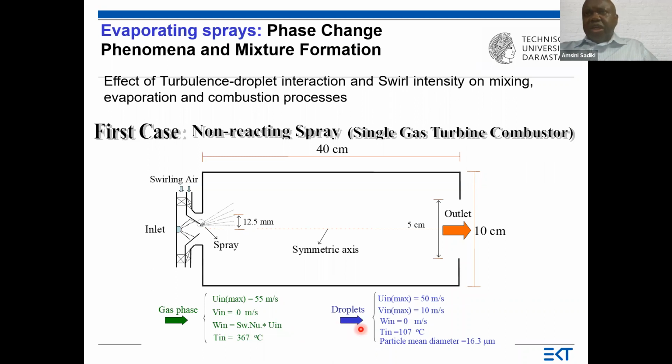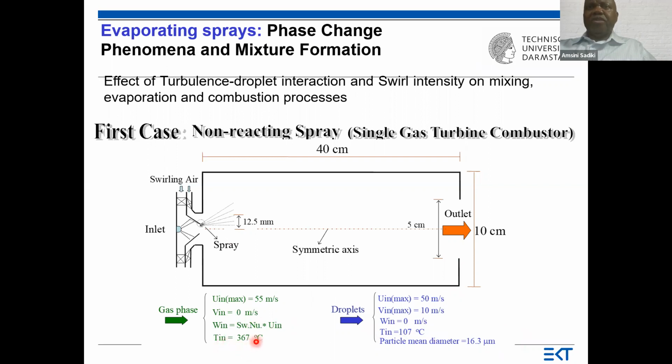And we have also the droplets properties. So the initial condition, velocity, we have the axial velocity, and we have also transversal velocity, and here we have the radial velocity, and we have the longitudinal velocity, and the particle mean diameter is this one.